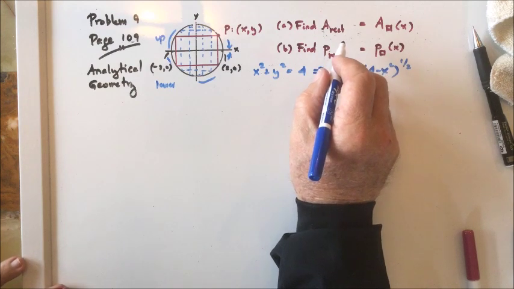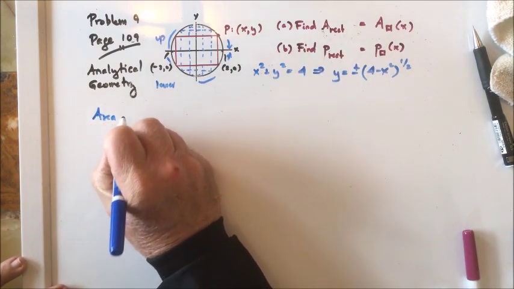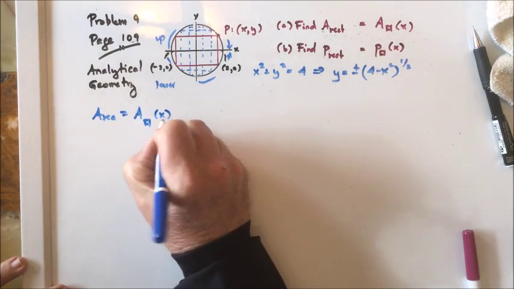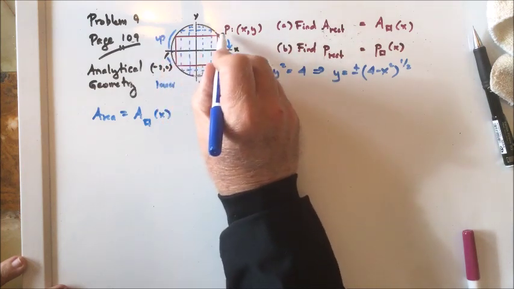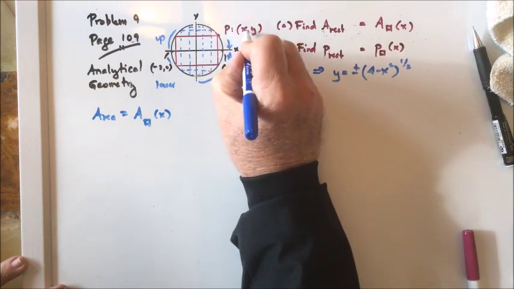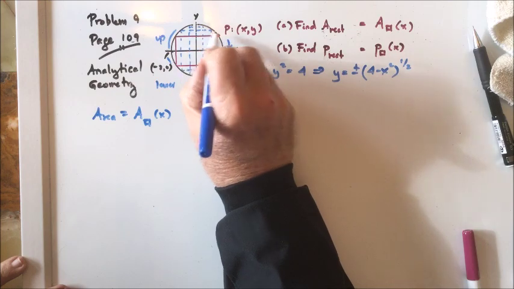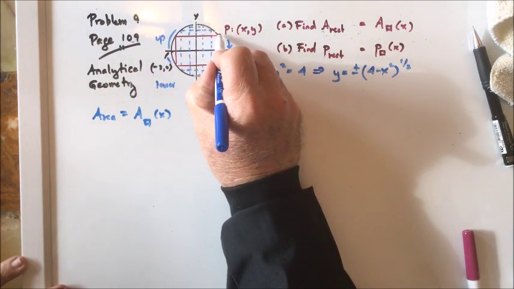Right, so let's just move ahead. Let's find the area of the rectangle. The area of the rectangle, I've called it A sub box of x, and you can see it's this side times this side. So what are these sides, for instance? If this is the point x, y, then this distance from here to here is x. That makes this distance from here to here 2x.